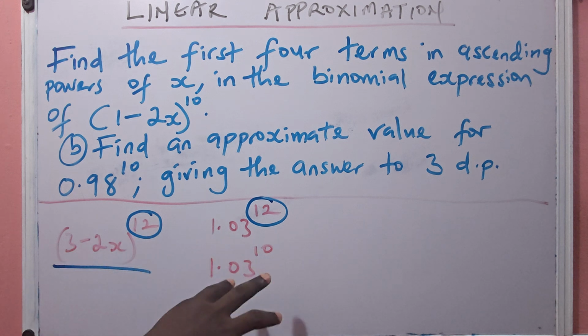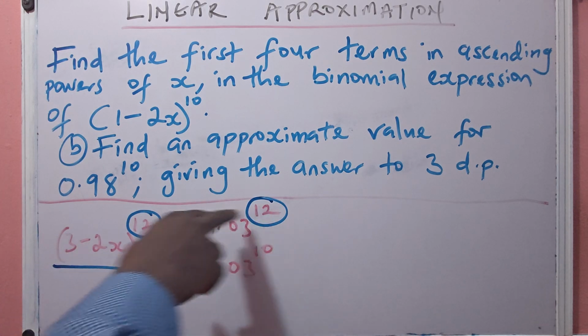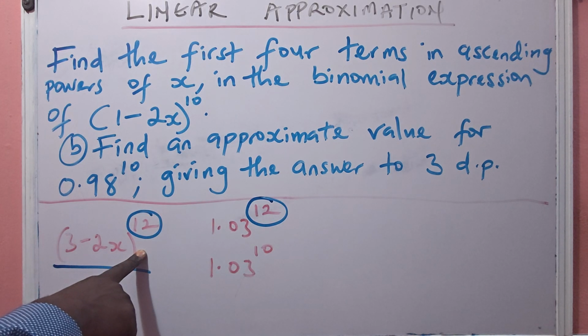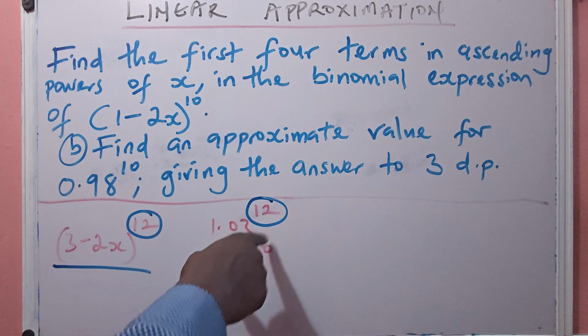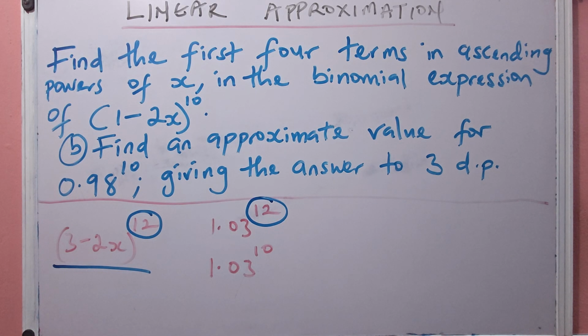So this is one of the first basics while dealing with linear approximation under binomial expansion. You must note that the power for the expression you were to expand must be the same as the power of the question you were given to find the linear approximation of. All right.